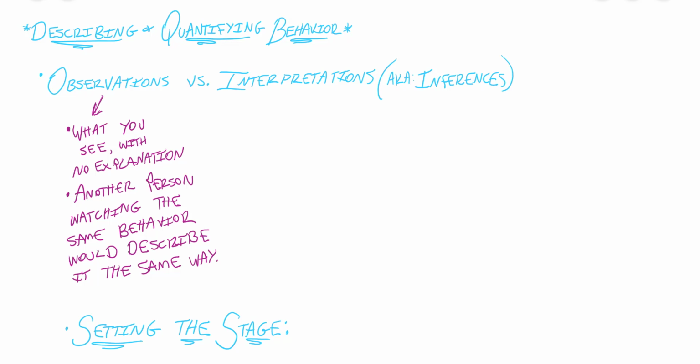Now, interpretations or inferences, by contrast, do involve explanations. If you are interpreting something, you are trying to explain it. So in this case, interpretations try to explain what you're seeing.